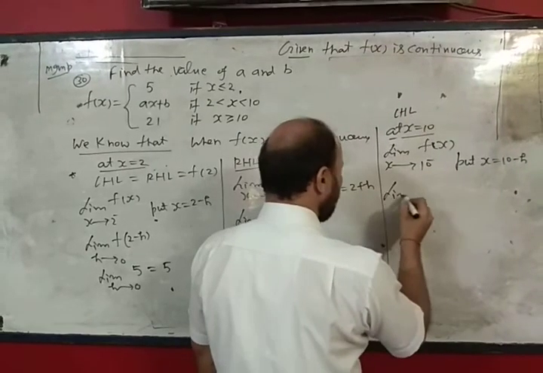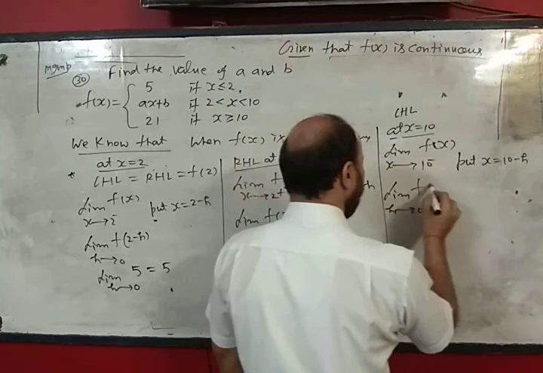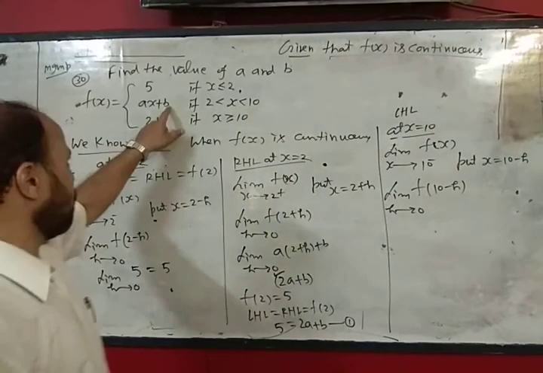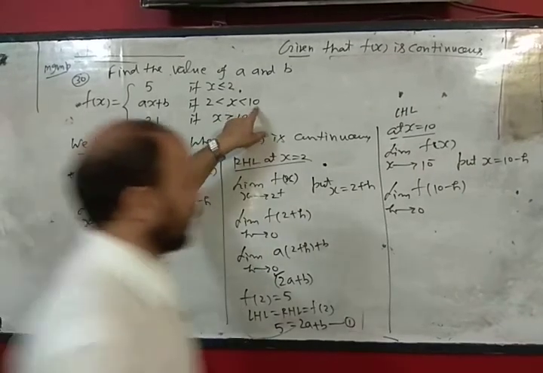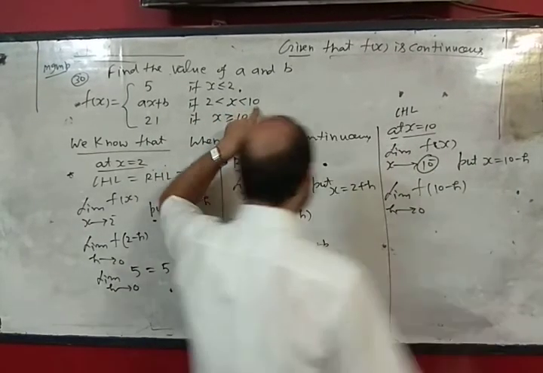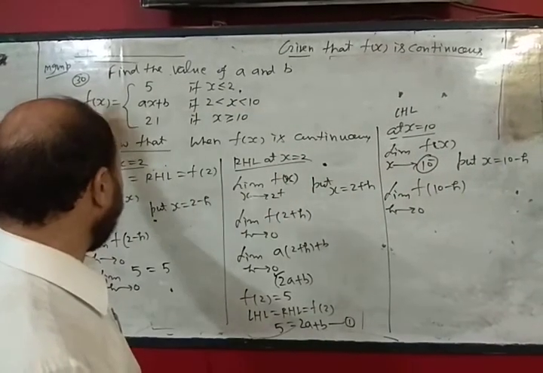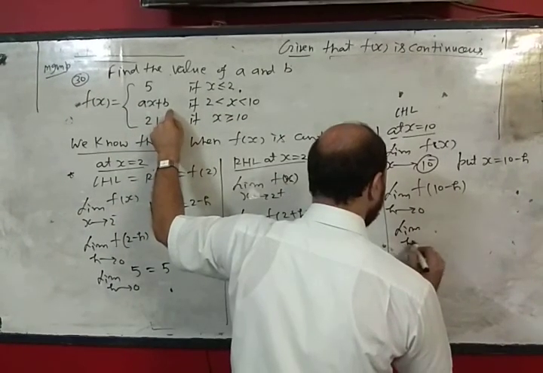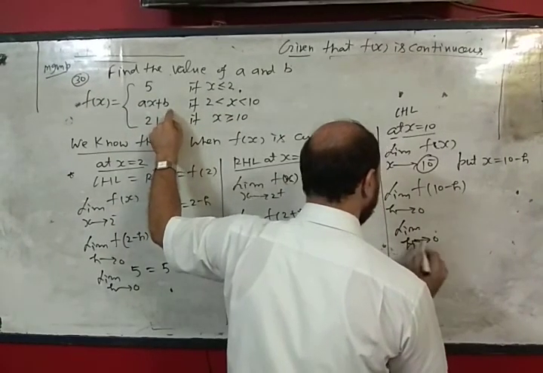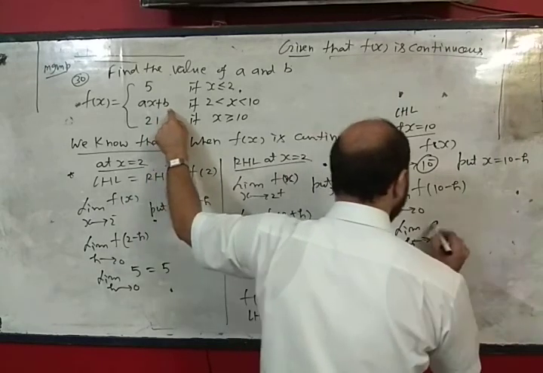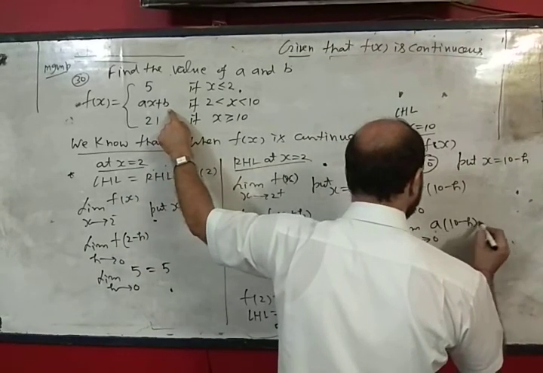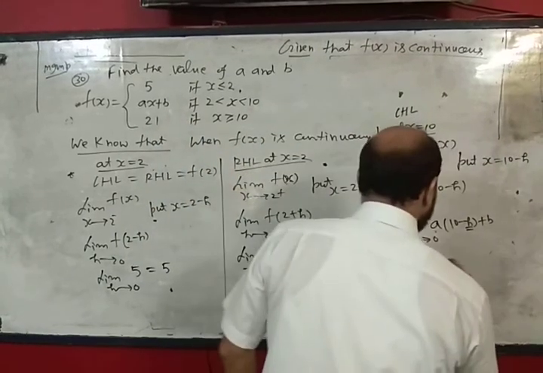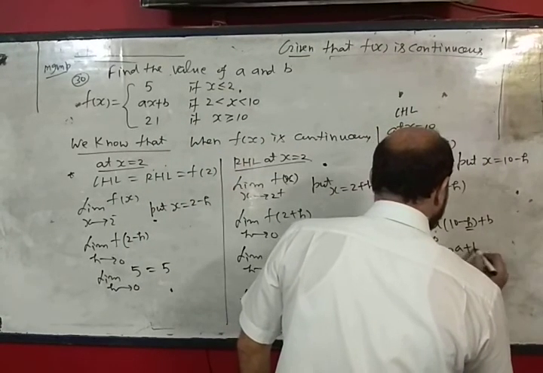New limit h tends to 0, f(10 minus h). f(x) is ax plus b when x is less than 10. It is less than 10, so we have to use f(x) is equal to ax plus b. Therefore limit h tends to 0, a into (10 minus h) plus b. Put limit h tends to 0, then LHL will be 10a plus b.